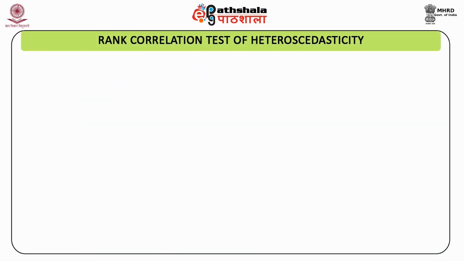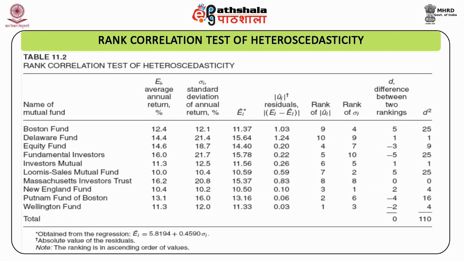Now, let's throw more light on this test by explaining it with an example. We know by theory that a linear relationship exists between the expected return, that is Ei, and risk, as measured by the standard deviation sigma of a portfolio.